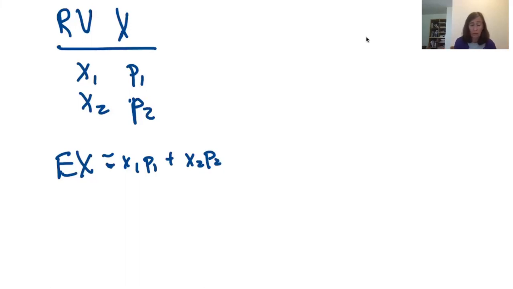Just summarizing that, the new variable, X squared, is sort of new, but sort of not. It's a function of the old random variable. If the original random variable X came out to be x1, X squared would be x1 squared. If X came out to be x2, the new one would be x2 squared. What's the probability that this new random variable takes the value x1 squared?